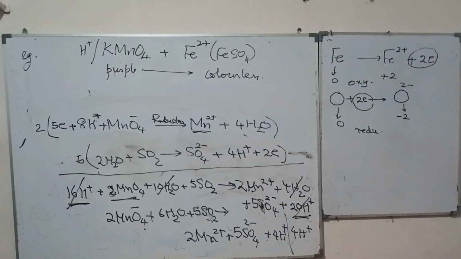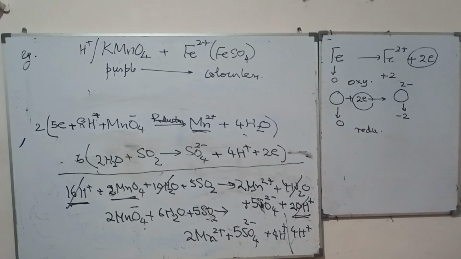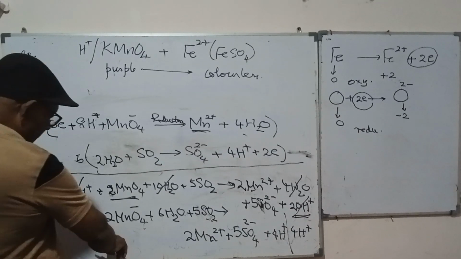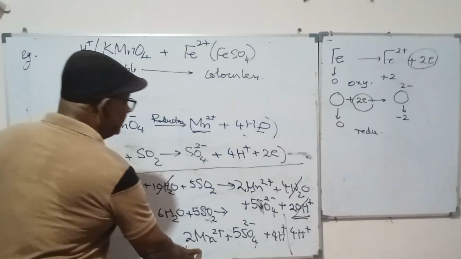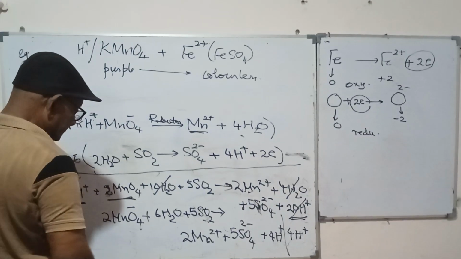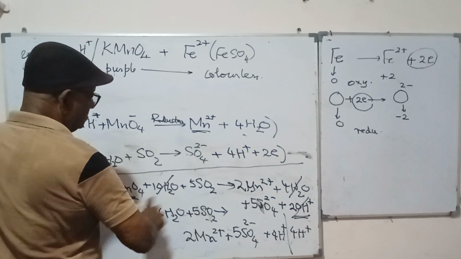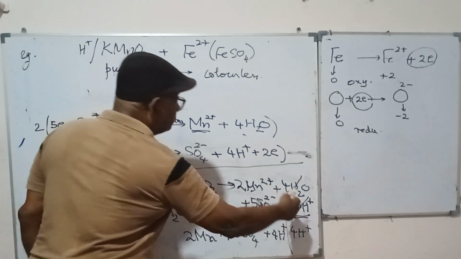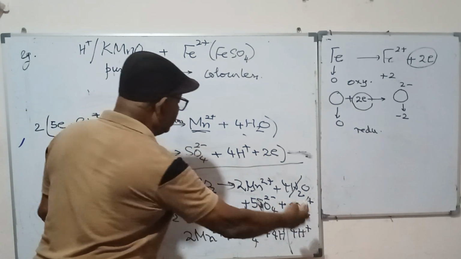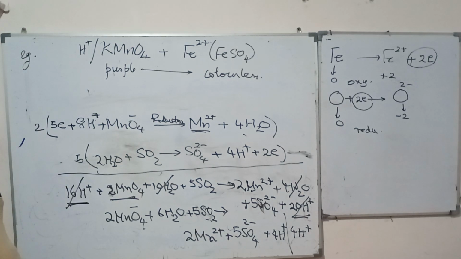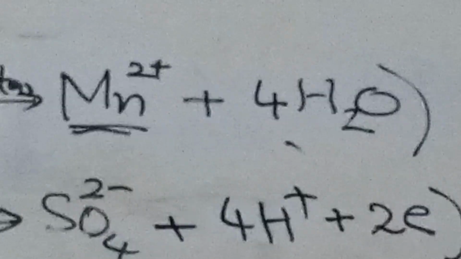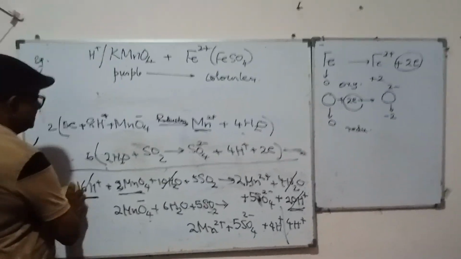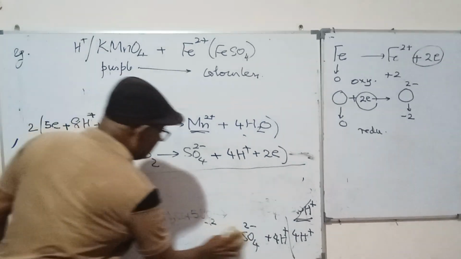This balanced ionic equation is enough for the calculations. So it is clear that MnO4 minus becomes Mn2 plus, reduction, purple color becomes colorless. Then see here, water and SO2 and H plus and SO4, that means sulfuric acid is also formed. So this is the final balanced ionic equation.